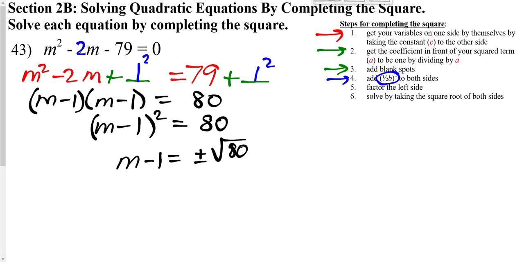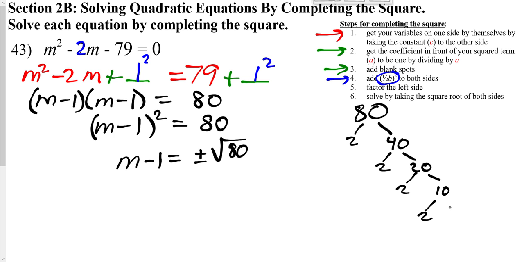Now, remember, we need to simplify roots just like we've done in the past. So I'm going to take a look at 80 and I'm going to do a factor tree. And so we can see we have a pair here and we have a second pair here.